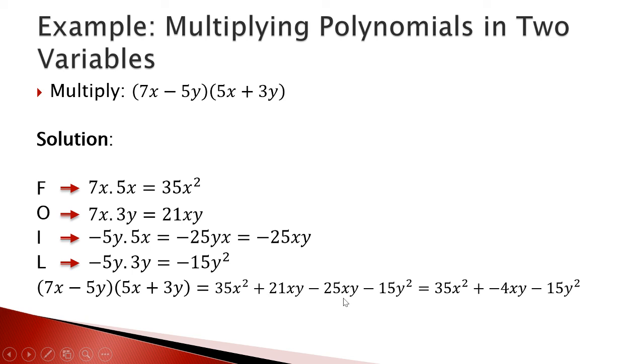So here 21xy and negative 25xy are like terms. So when we simplify 21xy and negative 25xy, it will give negative 4xy. So finally we get 35x squared minus 4xy minus 15y squared. Thank you.